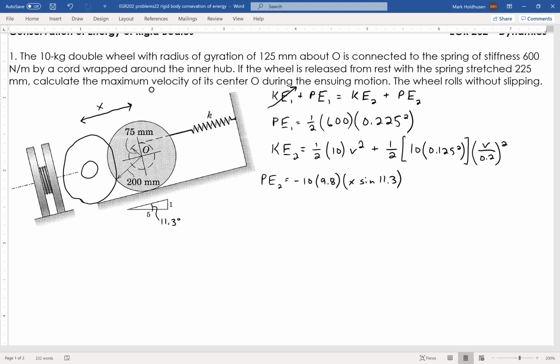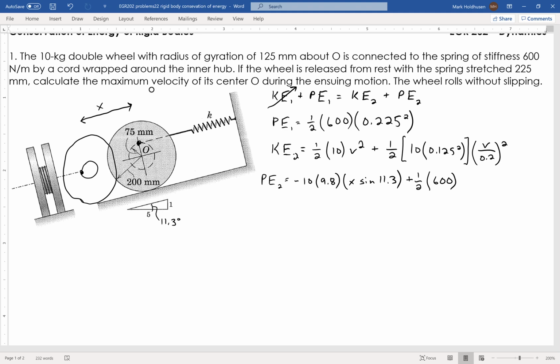Now I've got the spring, which is going to stretch even more than it did before. So I've got 1/2 k. Now it's not just x that it stretches.